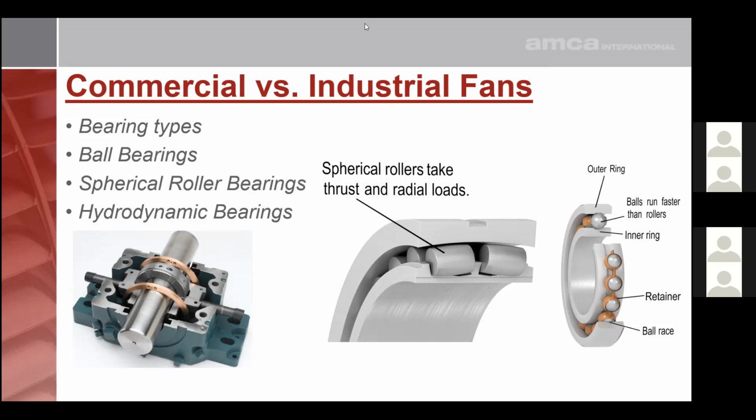In sleeve bearings, the fan shaft runs on a thin film of oil, and there's no metal-to-metal contact. The bearing only experiences wear during startup and shutdown when that oil film is lost. So during normal operation, the bearings virtually have unlimited life since there is no metal-to-metal contact.